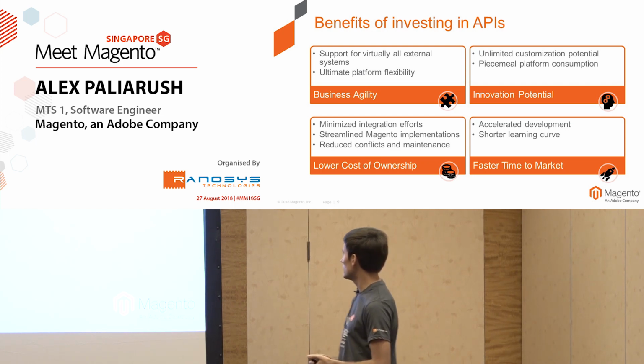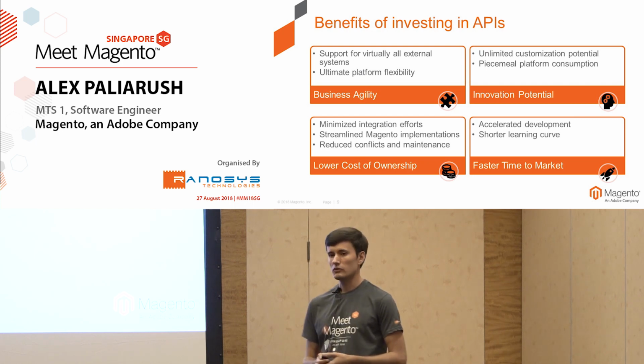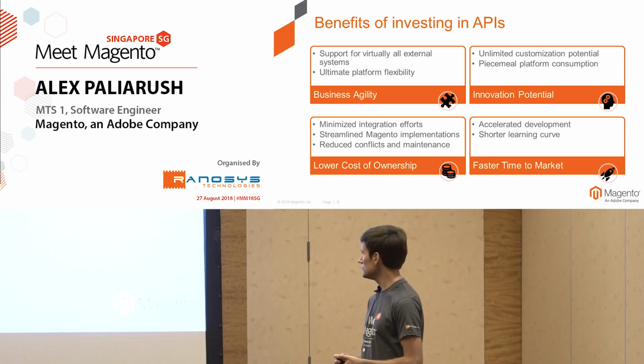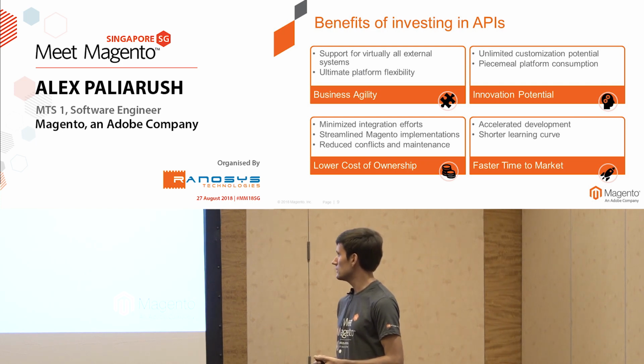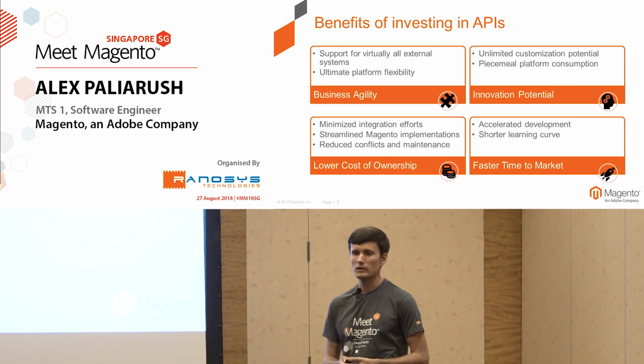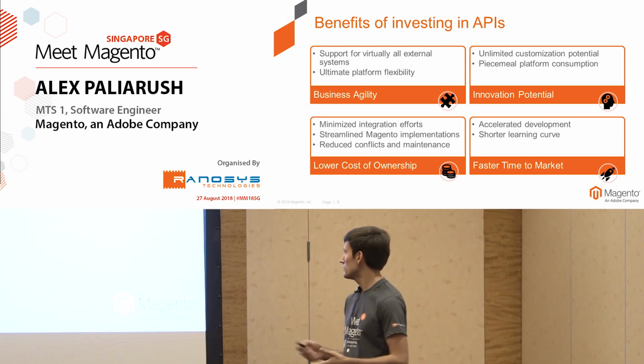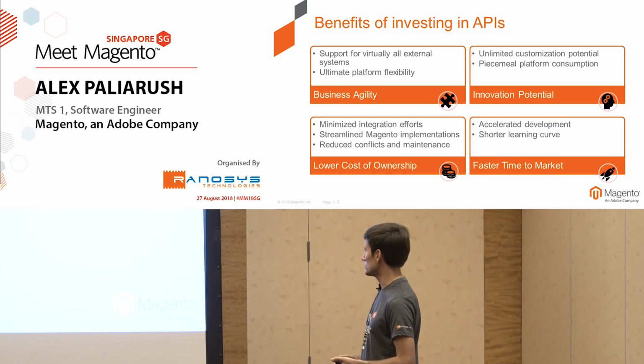Also, it unleashes your innovation potential, because now you can create customizations and just play with your APIs and try different integrations. It lowers total cost of ownership by minimizing integration efforts. Obviously, if you have good APIs, you can easily integrate with any third-party system, and it can reduce total cost of ownership for you, and it streamlines Magento implementations as well.